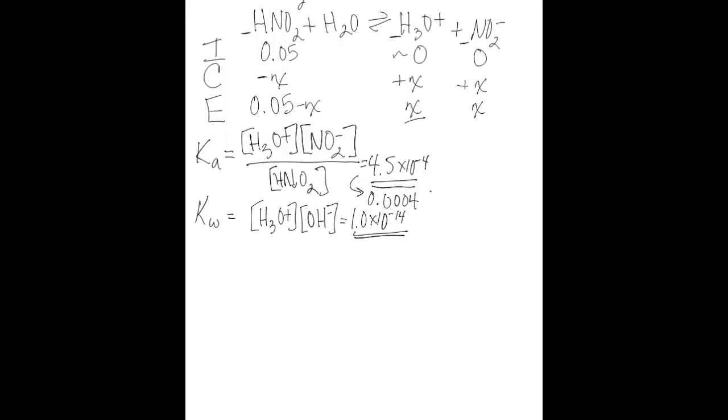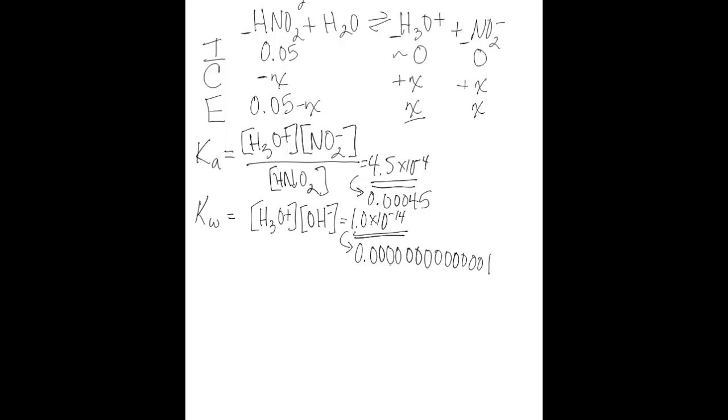in decimal form. So the Ka for the proton transfer from nitrous acid to water is 0.00045. The proton transfer between the two water molecules has an equilibrium value of 0.00000000000001. Let me see if I did that correctly.